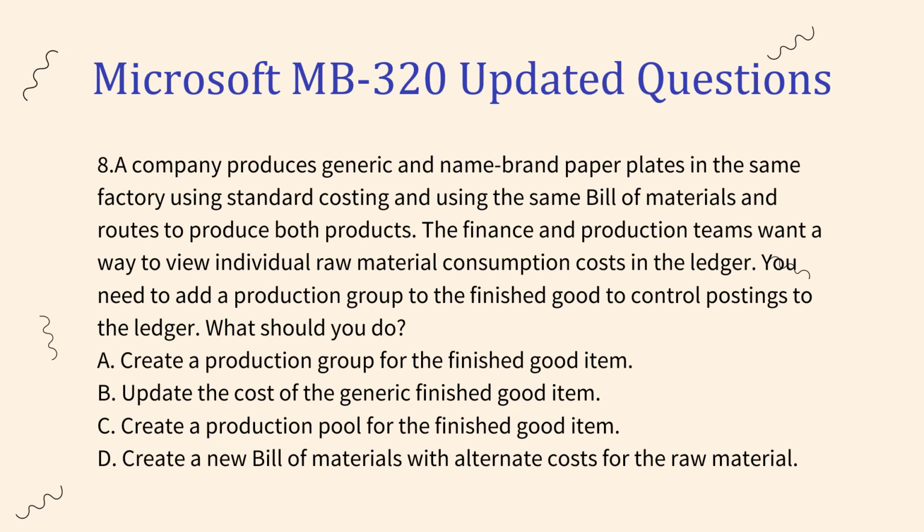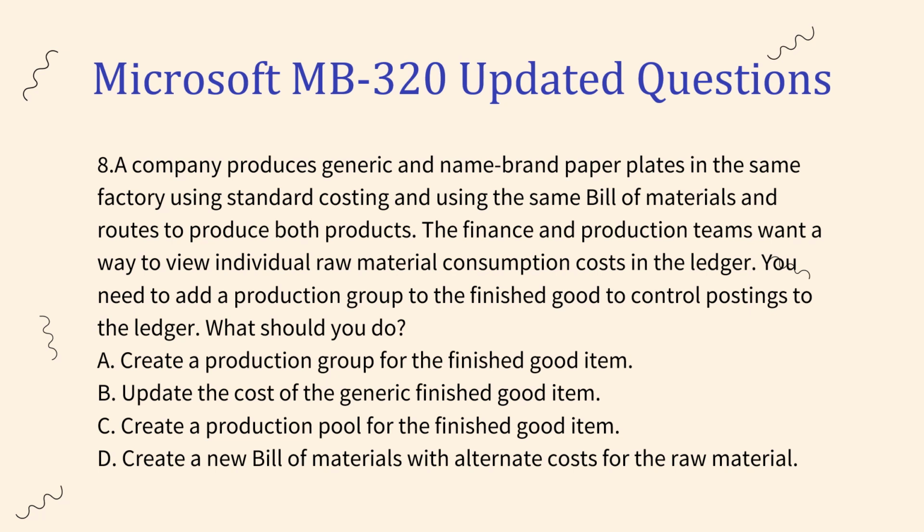8. A company produces generic and name brand paper plates in the same factory using standard costing and using the same bill of materials and routes to produce both products. The finance and production teams want a way to view individual raw material consumption costs in the ledger. You need to add a production group to the finished good to control postings to the ledger. What should you do?